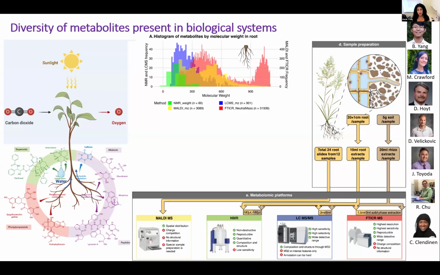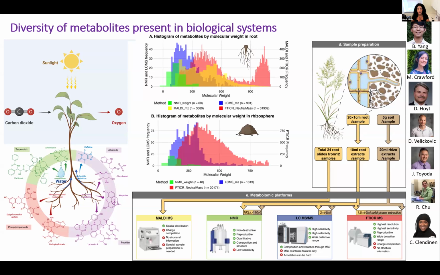This is the example for the root of the invasive species. We could do the same thing for soil samples. Here I'm showing NMR, liquid chromatography mass spec, and FTICR-MS. And again, you could see how powerful it is when we use different platforms to characterize organic compounds.